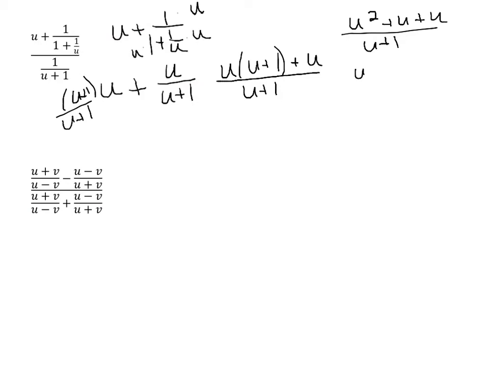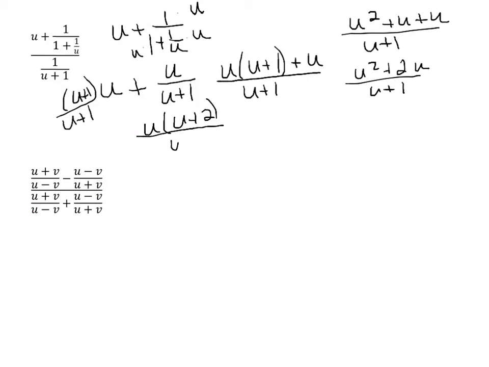So that would be u squared plus 2u over u plus 1. And then I can simplify that a little bit further: u times u plus 2 over u plus 1. I'm sorry, my work's all over the place. Now we can't forget about this denominator, right? So we would divide by this, or we would copy dot flip. So there's my dot, my flip is u plus 1 over 1. These cancel, and you're left with u times u plus 2.